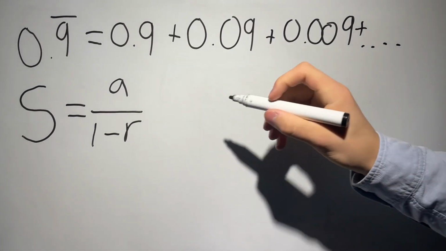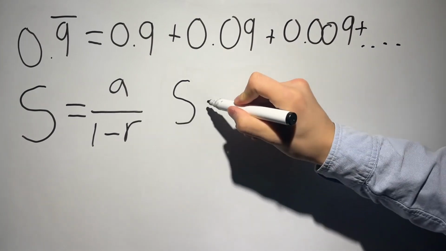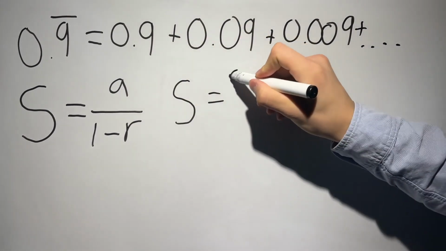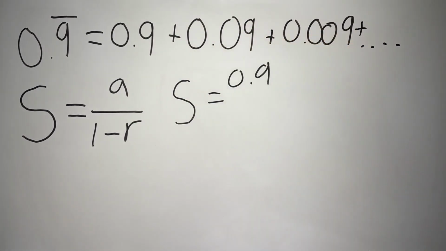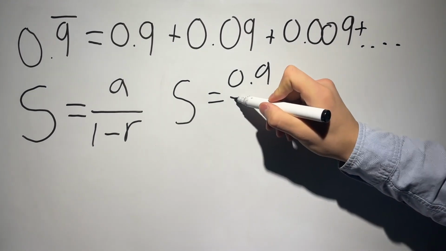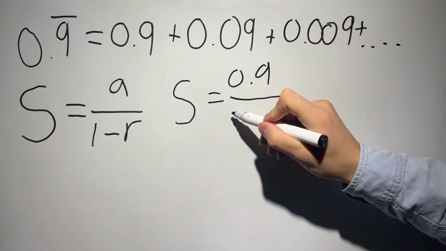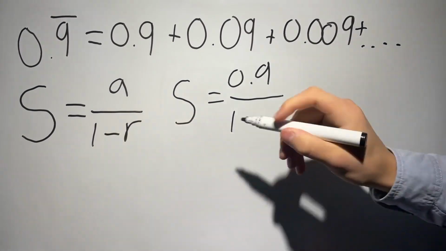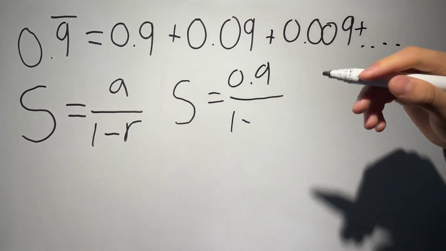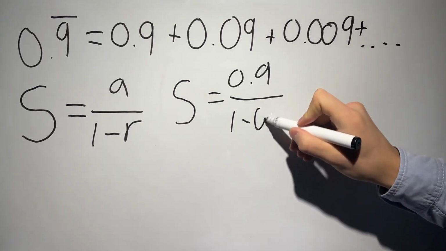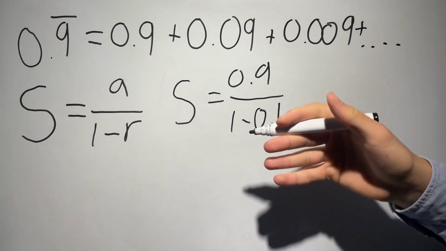Now let's plug in our values. S equals the first term 0.9, divided by 1, which is part of the formula, minus 0.1, which is the common ratio.